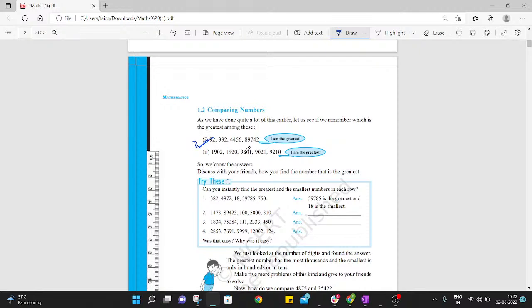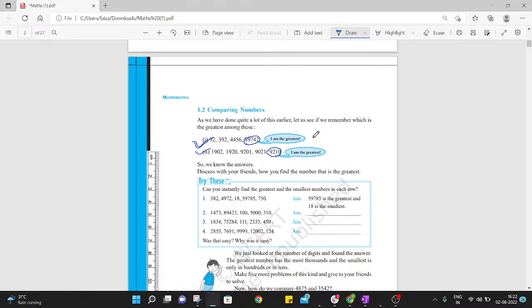Let's try this one: 92, 392, 4456, 89,742. This number says I am the greatest, and in the second part this number says I am the greatest. Now you have to tell me by commenting down which number is the greatest here.